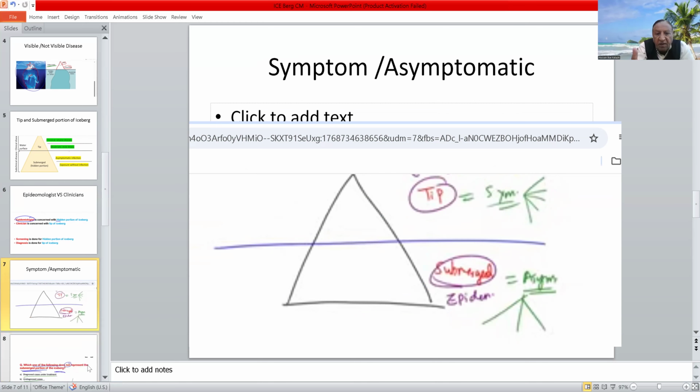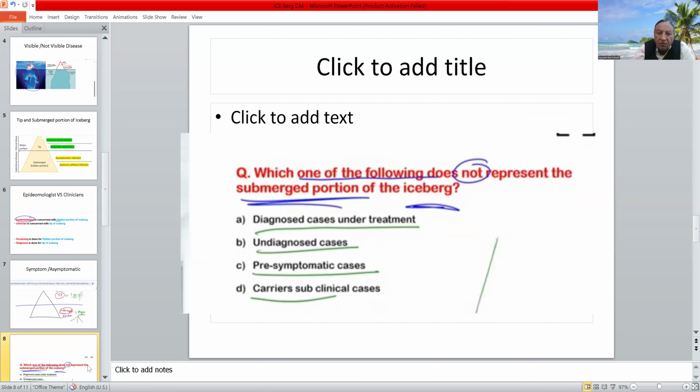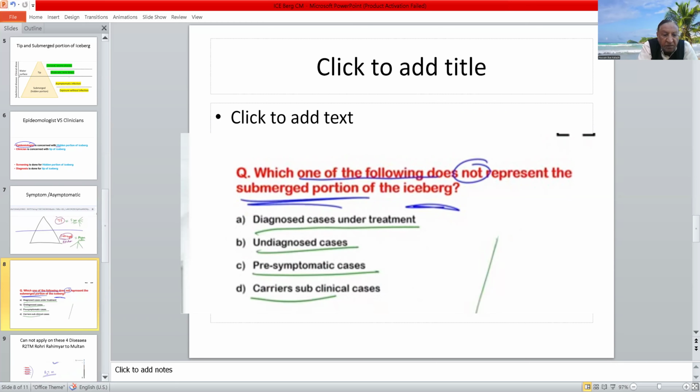Then we can have this MCQ: which one of the following does not represent the submerged portion of the iceberg? The diagnosed cases is the correct answer, and all other options are not correct because carriers are pre-symptomatic and undiagnosed cases are not shown.